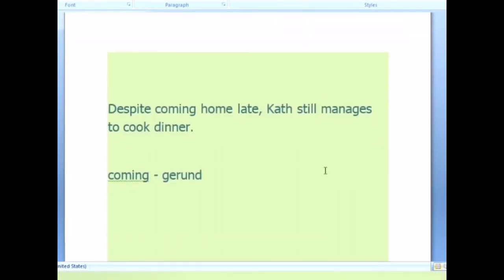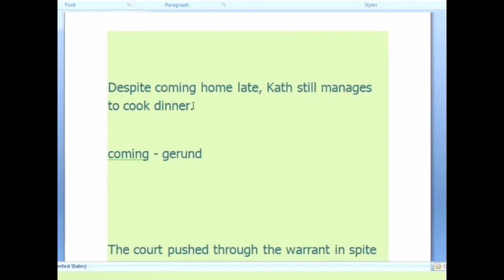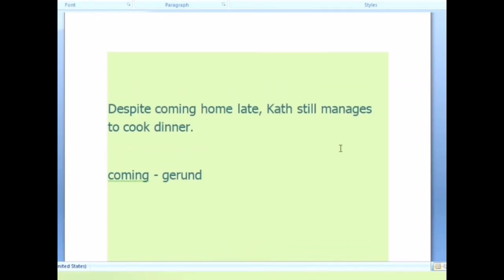Now, third, despite coming home late, Kath still manages to cook dinner. Now, despite here is followed by coming, which is a gerund. A gerund is a verb ending in ing that functions as a noun in a sentence. So, coming is a gerund.